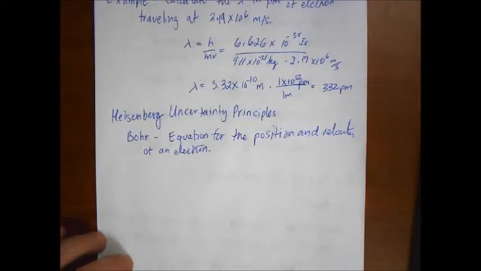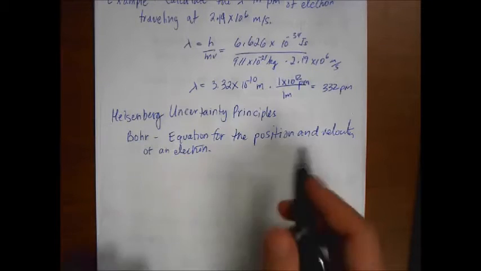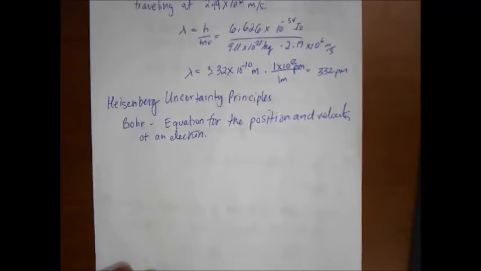But as time went on, they proved that this was actually impossible. They started to do careful experiments, and they found out that you actually cannot accurately measure both the position and the velocity at the same time.